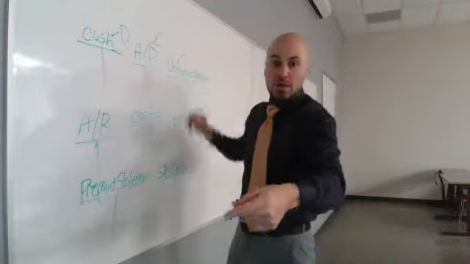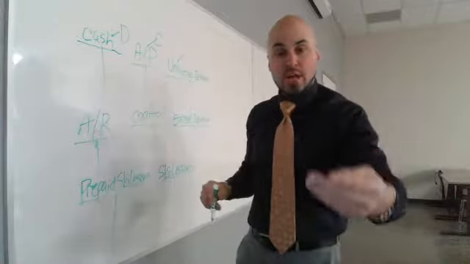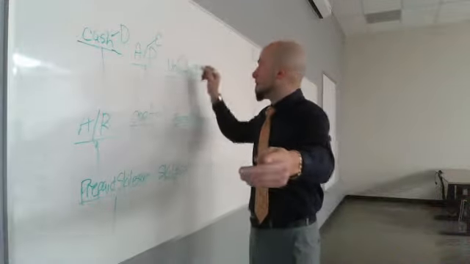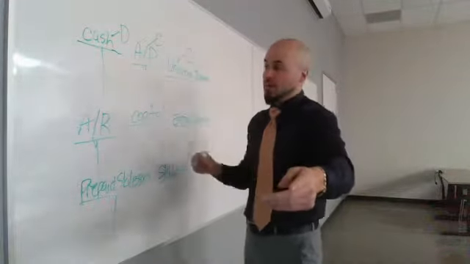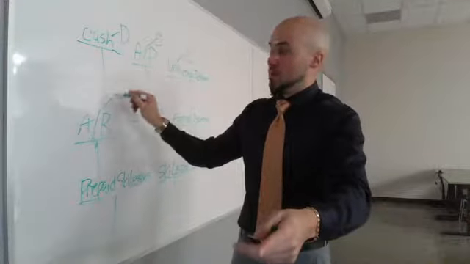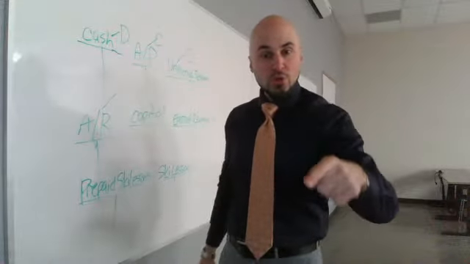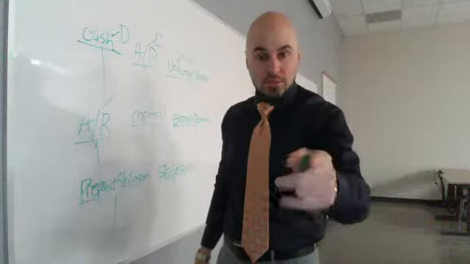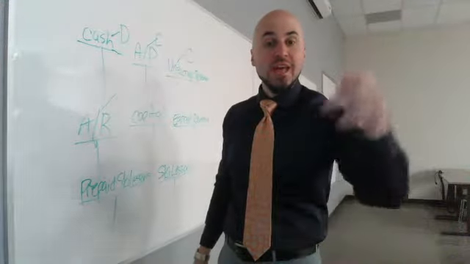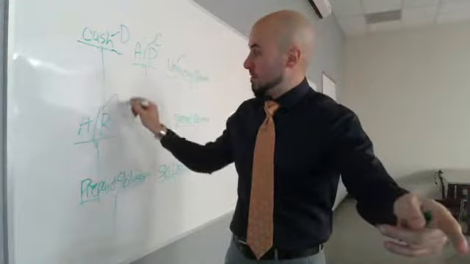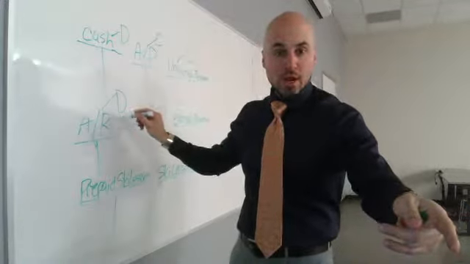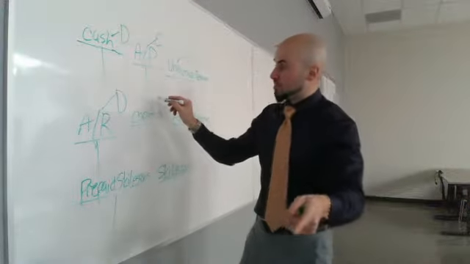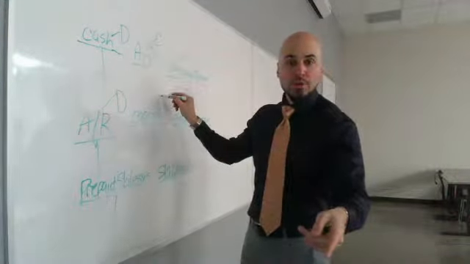Unearned revenue, liability, therefore natural credit. Okay. AR, natural debit. That's right, because it is an asset. Debits are assets. Assets are debits. Capital, natural credit.